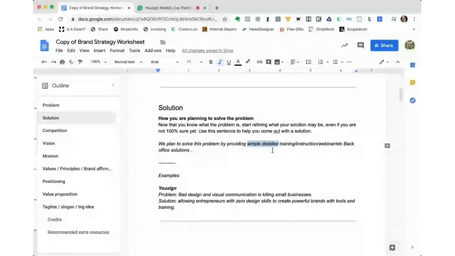So what did Usign do? They created a great tool, and then what else did we provide in addition to the great tool?